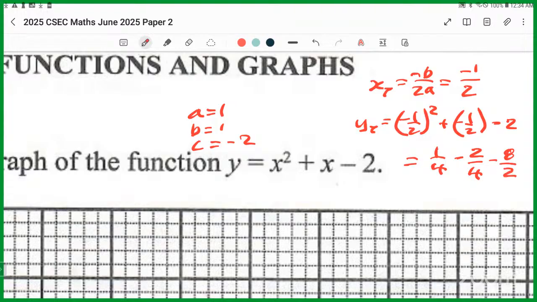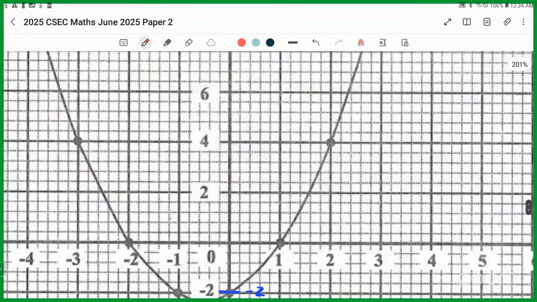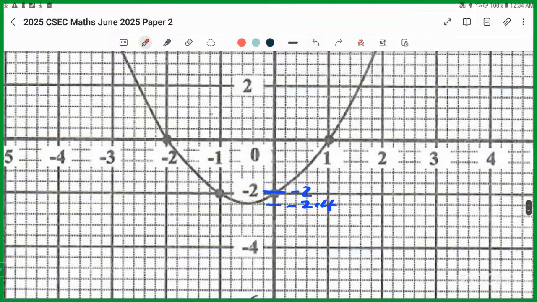That becomes 1 minus 2 minus 8, that's -9/4, which becomes -2.25. See, we're getting -2.25, not -2.4. The graph is showing -2.4, so that is wrong.